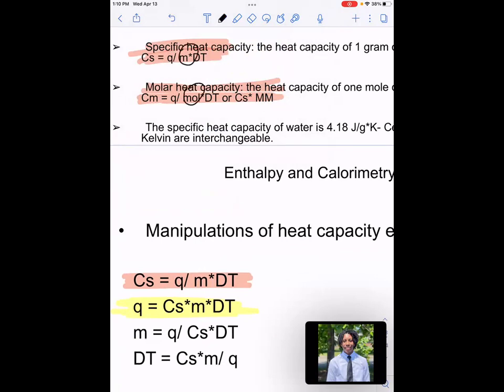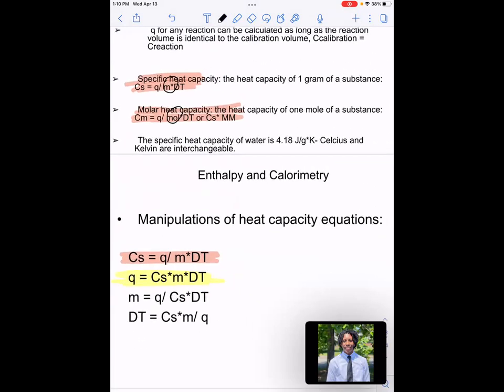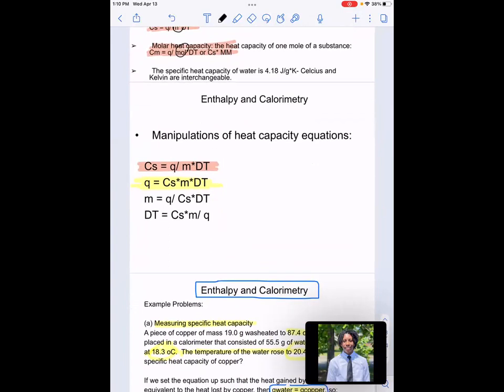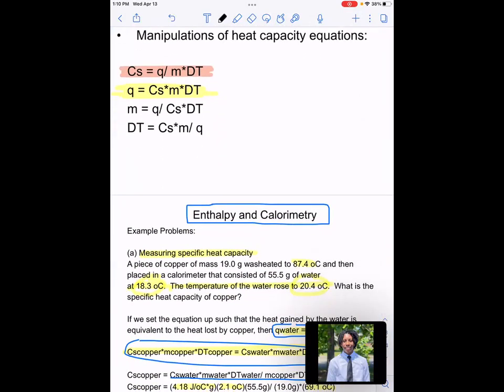So all of these calculations are easily manipulated. You have specific heat, which is Q divided by the mass times the change in temperature, and if you have any 3 of those 4 things, you can solve for the 4th one, right? And that's what all these little derivations are. These are just ways to manipulate that specific heat equation.